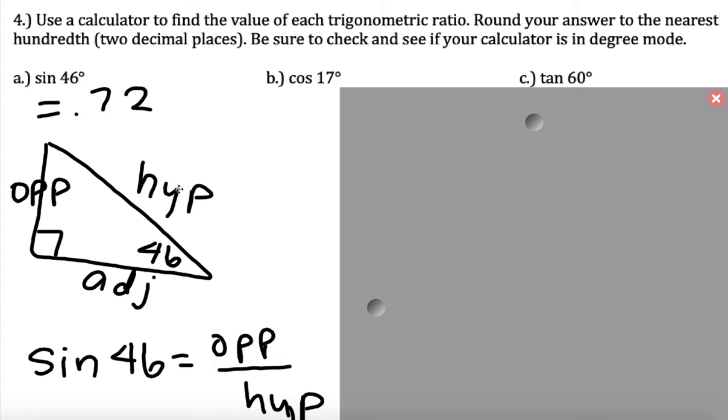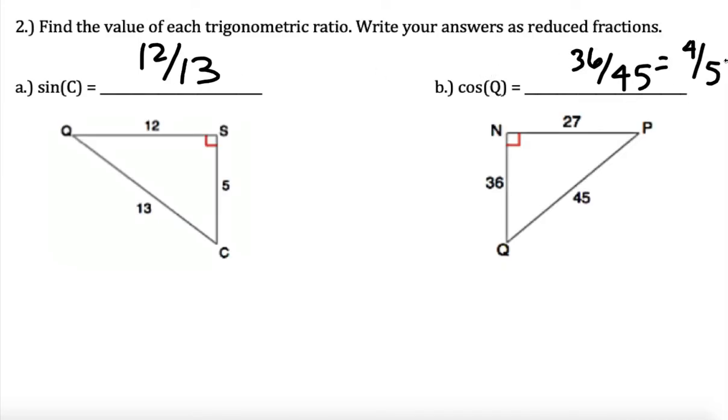If I have any triangle that has 46 degrees in a right angle, it's going to be similar to another triangle that has 46 degrees. And so they're all having an equal scale factor, just like these. Some of these reduce down to 4/5, or 12 over 13.